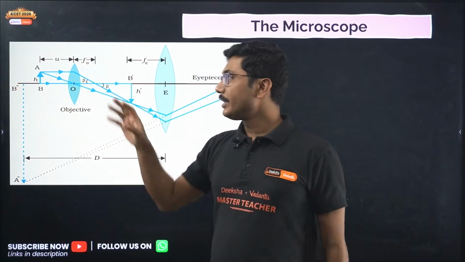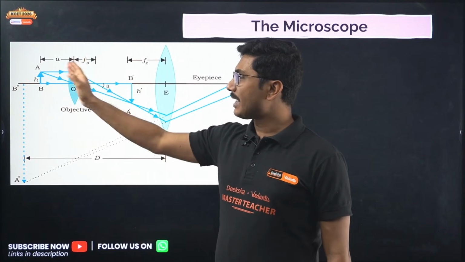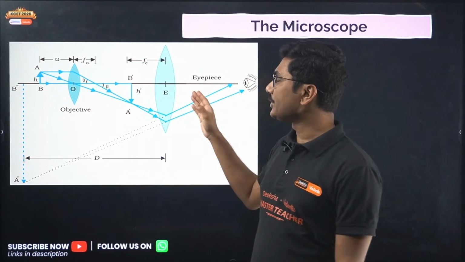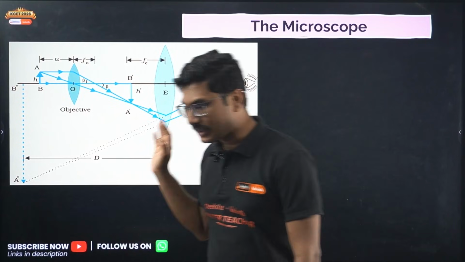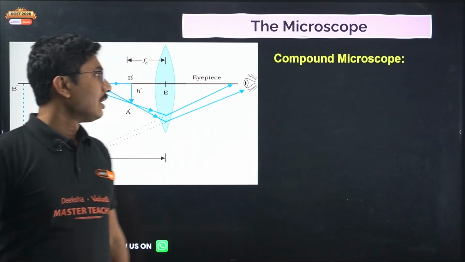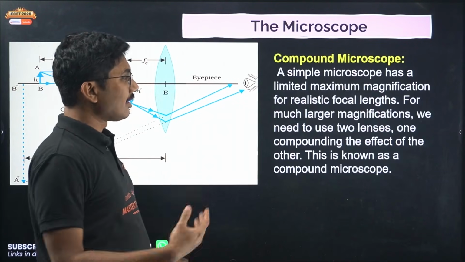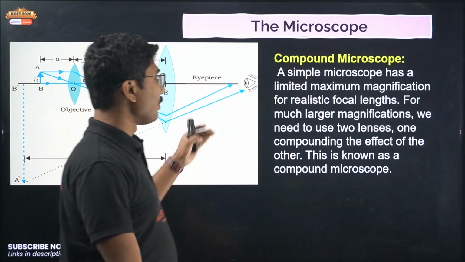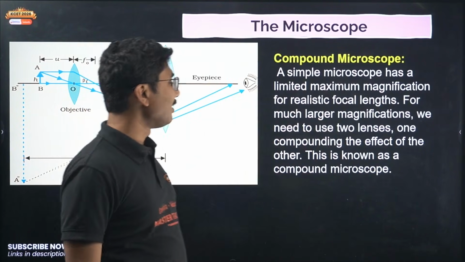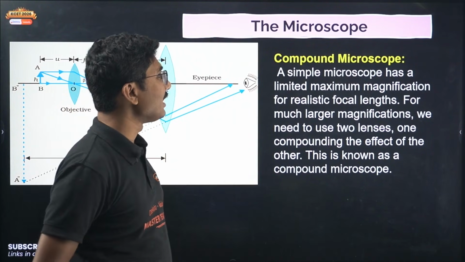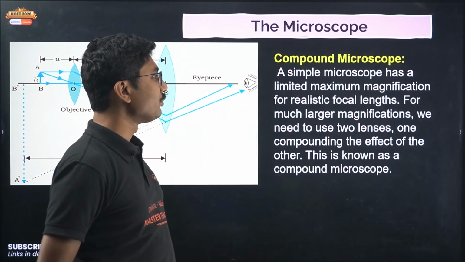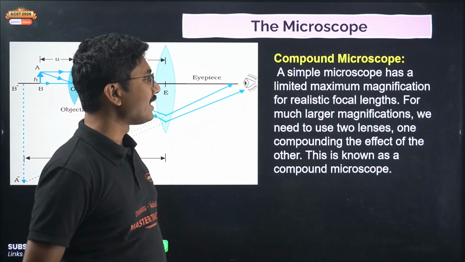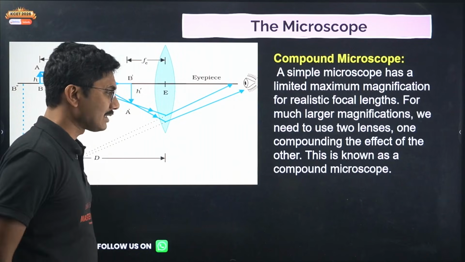As the name suggests, the objective lens is kept near the object and the eyepiece is kept near the eye. This combination is called a compound microscope. A simple microscope has a limited maximum magnification for realistic focal lengths. For much larger magnification, we need to use two lenses, one compounding the effect of the other. This is known as a compound microscope.